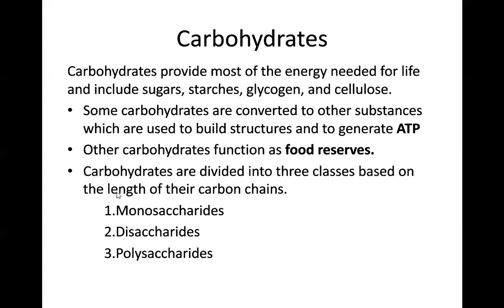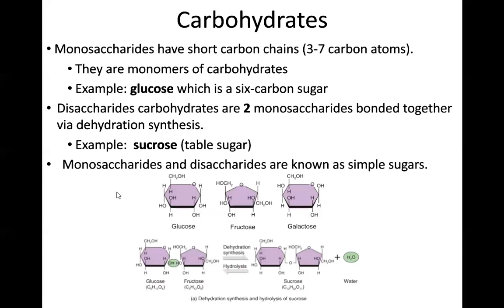Carbohydrates are divided into three classes based on the length of their carbon chains. You got mono, di, and polysaccharides. Once again, mono means one, di means two, and poly means many. Let's talk monos and dis here on this page.